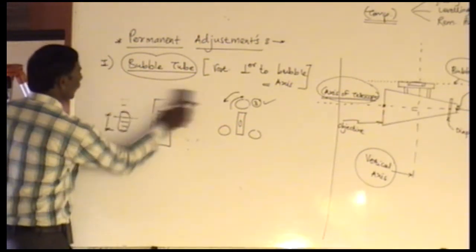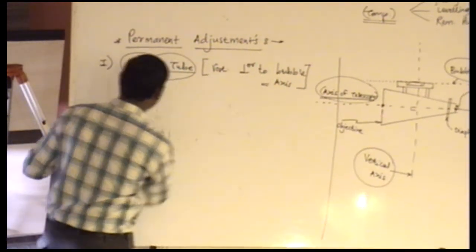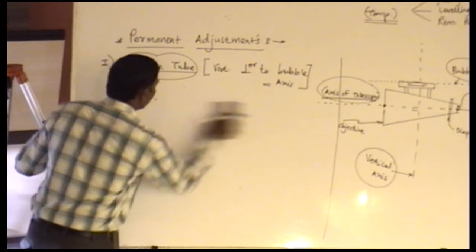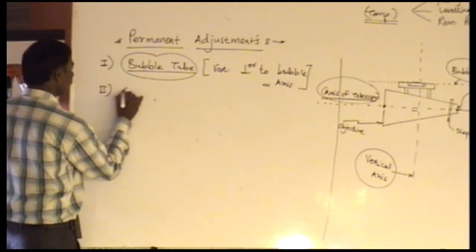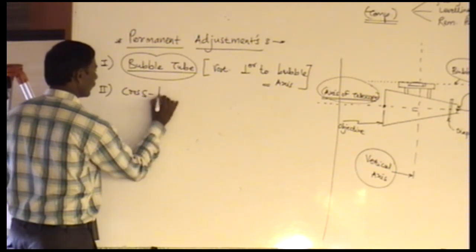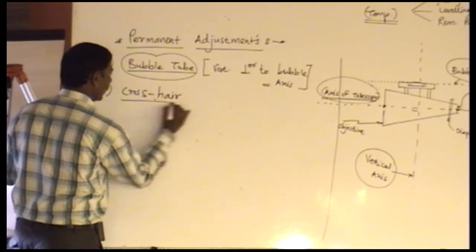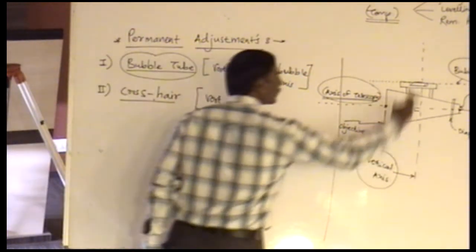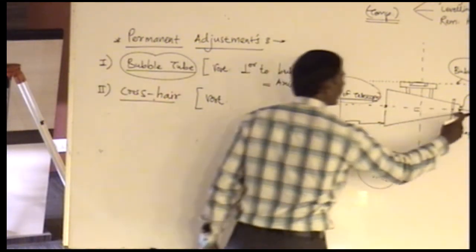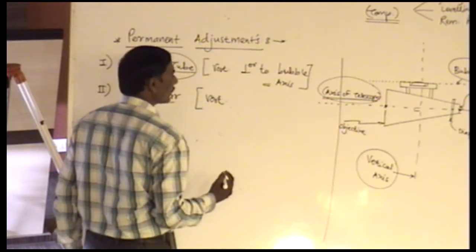Whereas if you go for the second permanent adjustment to be checked, that is called adjustment for crosshair, wherein we are going to check whether our vertical axis is perpendicular to the horizontal hair.